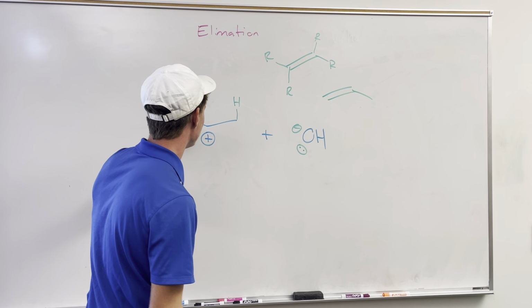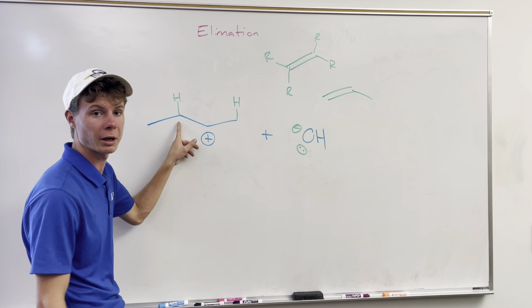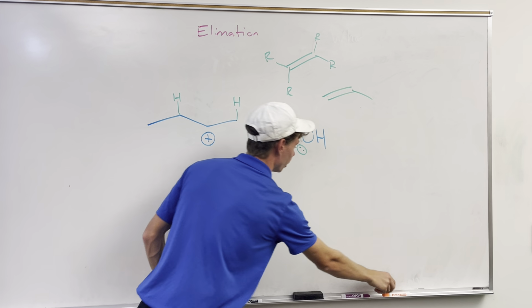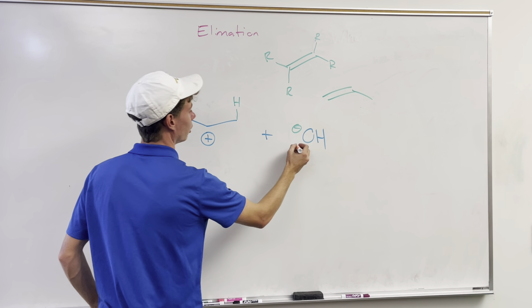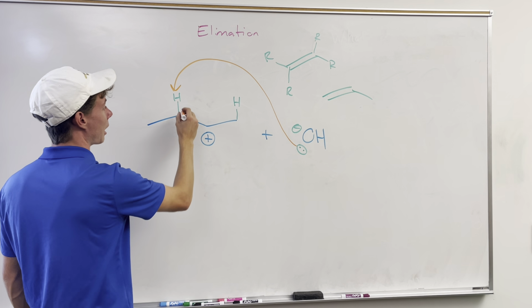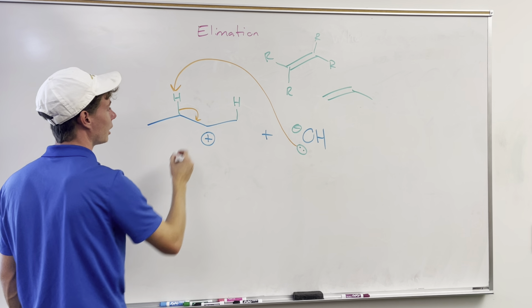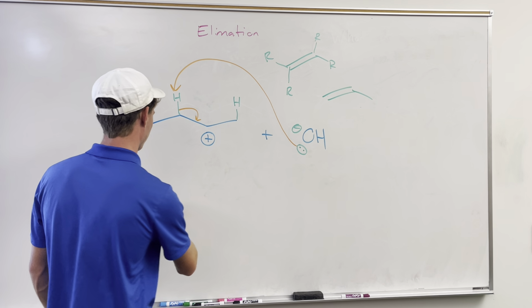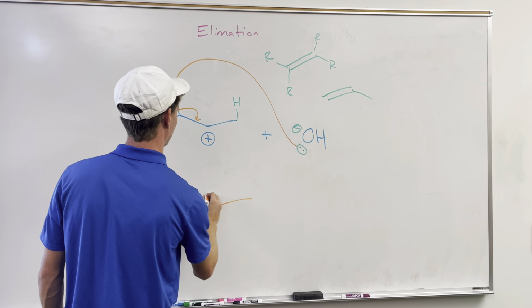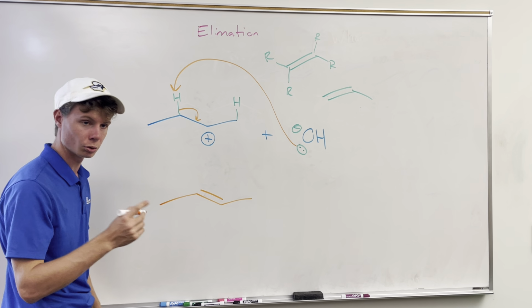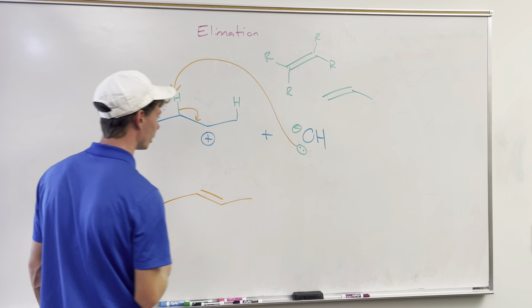Notice that if I were to use this beta hydrogen, and I had oxygen come in with a lone pair and attack the beta hydrogen here, I'm making a double bond, okay? Awesome. Now, my product would look like a di-substituted alkene, 2 groups on it, okay?